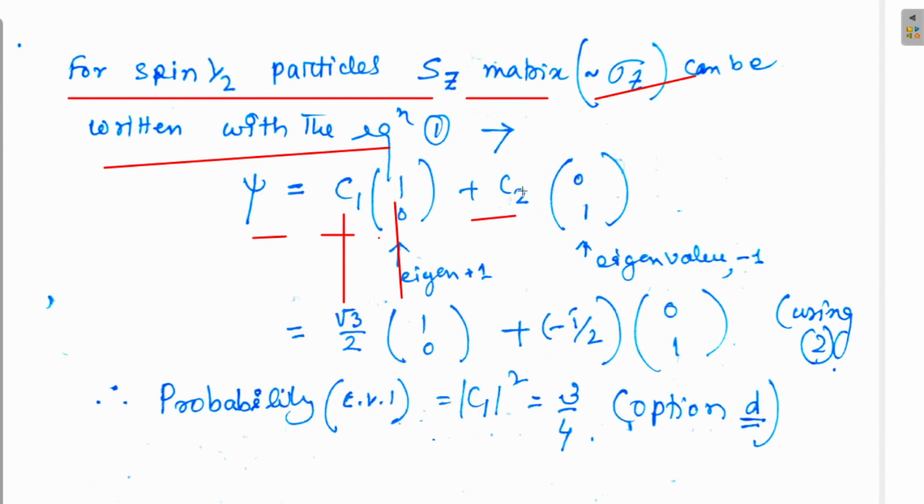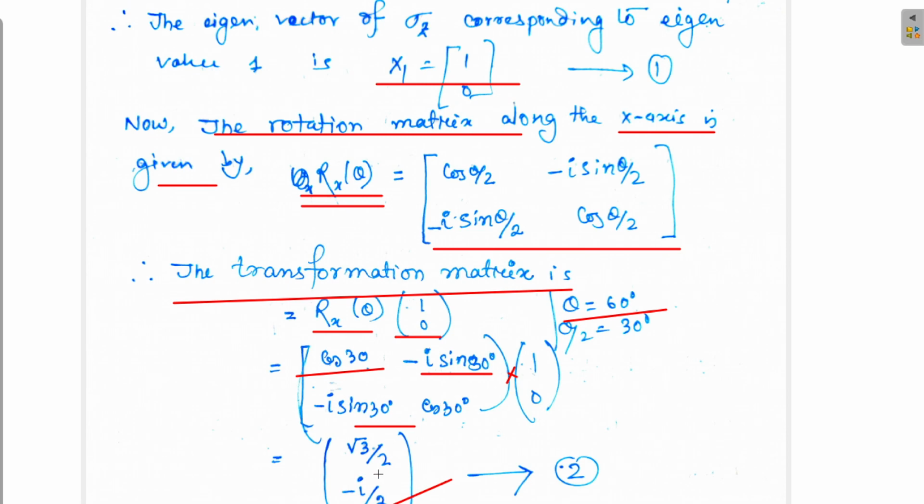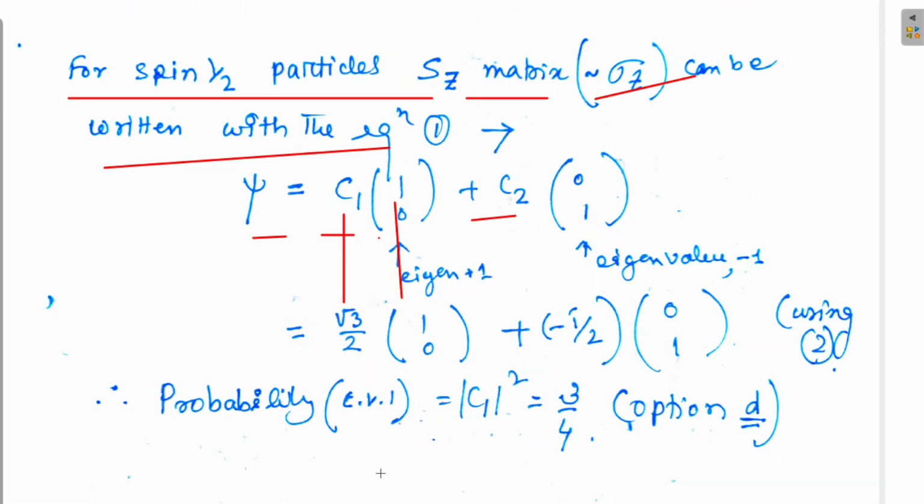Similarly, comparing with the transformation matrix, the value of C2 is minus i over 2. In this wave function, the first element is for the eigenvalue positive 1, and the second is for the eigenvalue negative 1. Since according to the question we have to find the probability, or the fraction of particles, with respect to the eigenvalue positive 1, we must find the probability corresponding to that eigenstate of this function psi.